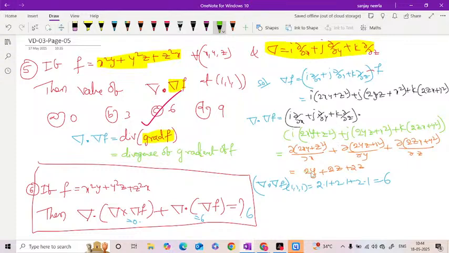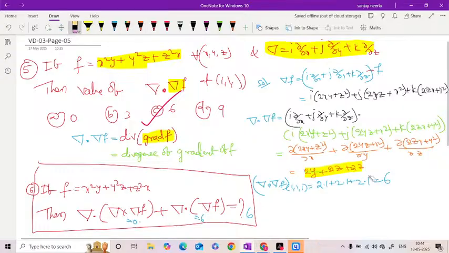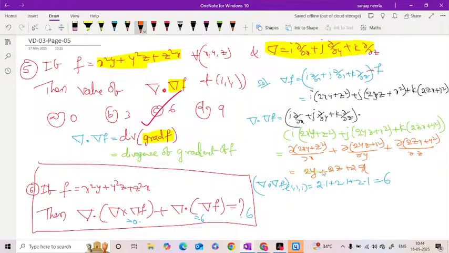Then we will get 2y plus 2z plus 2x. It is x, not z, sorry, there was a mistake. It is 2x. Now at the point (1, 1, 1) the result is 6.